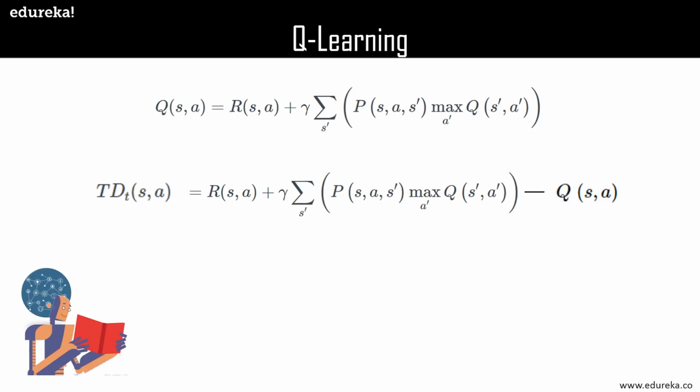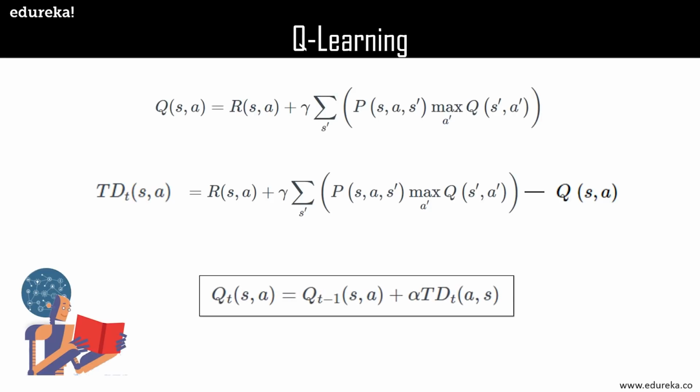Now the new Q(S, A) is updated as the following. Qt of S, A is equal to Qt minus 1 of S, A plus alpha TDt of S, A. Here alpha is the learning rate which controls how quickly the robot adapts to the random changes imposed by the environment.